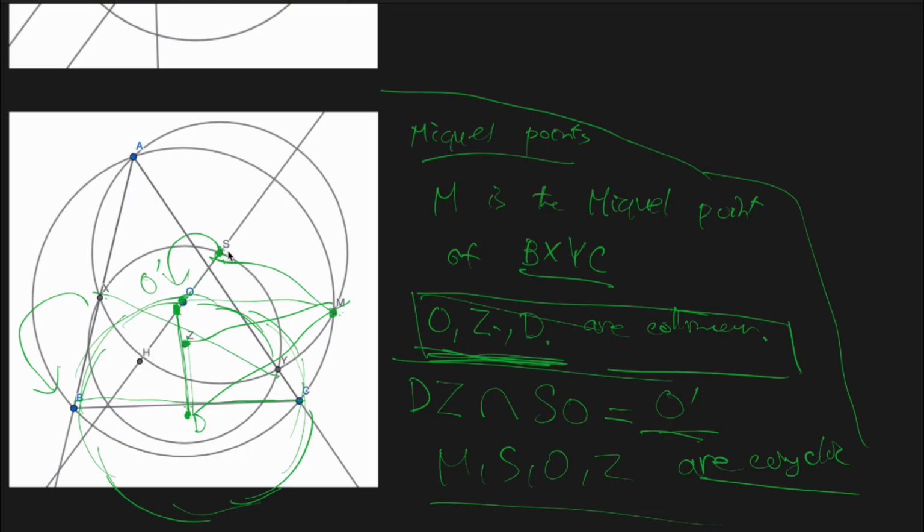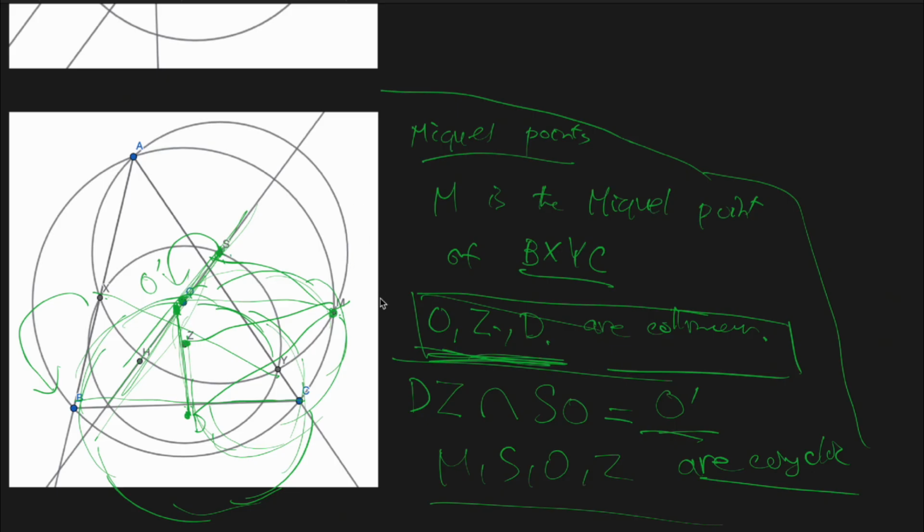In spiral similarity and McQuell points, we say that it is equivalent to prove that MSOZ are concyclic. However, I also mentioned that it is equivalent to prove that D, O prime, O, M are concyclic. But since we want O prime to be equal to O, we just want the circle DOM to be tangent to the Euler line right here.